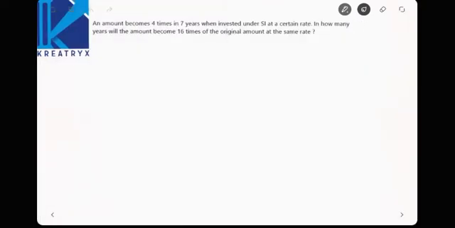Next, an amount becomes 4 times in 7 years when invested under simple interest at a certain rate. In how many years will the amount become 16 times of the original amount at the same rate? Now let us see, if you invest 100 rupees, then in 7 years what amount will you receive?